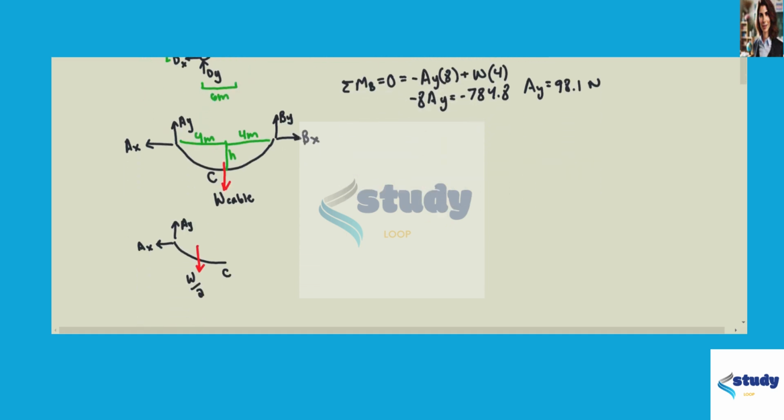Now we're going to draw a free body diagram from A to C, which is where half the cable is. So we're going to do the sum of moments around C and set that equal to 0.